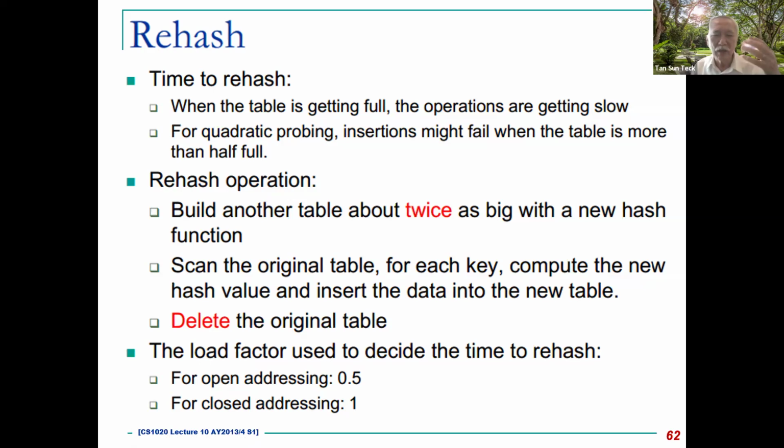Of course, if you don't care about the leakage of memory space, you do not need to do the deletion. But for good practice, we normally delete the original table. Okay, and then the load factor is used to decide when to rehash. Open addressing is 0.5. Some systems do 0.75. For closed addressing, we say 1.